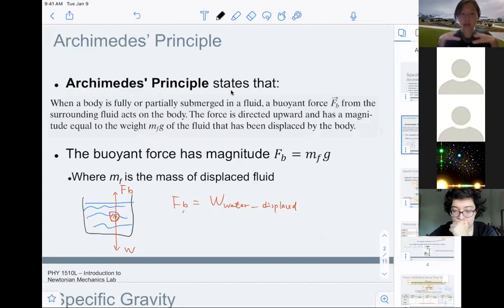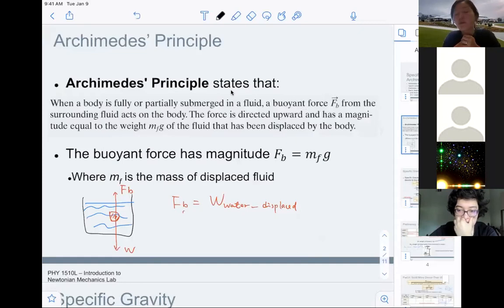Or if you already have a full tank, then the water will spill because the object takes up some space. The space that was occupied by water is now being occupied by the object that you put in water. So we call the amount of water that is rising or spilled over the water being displaced. It was there, but now has to make space for the object, so it is now being displaced.